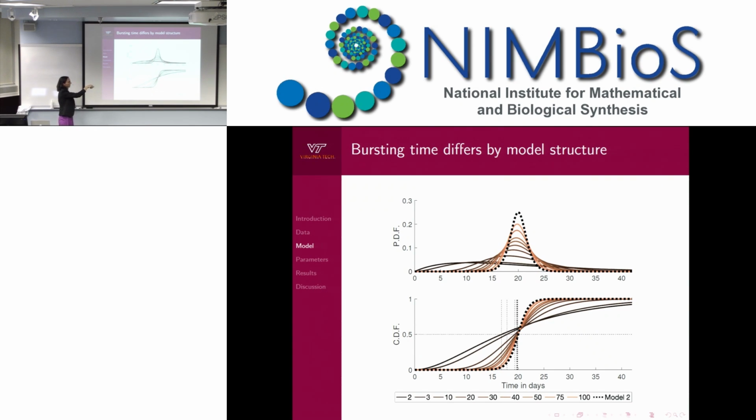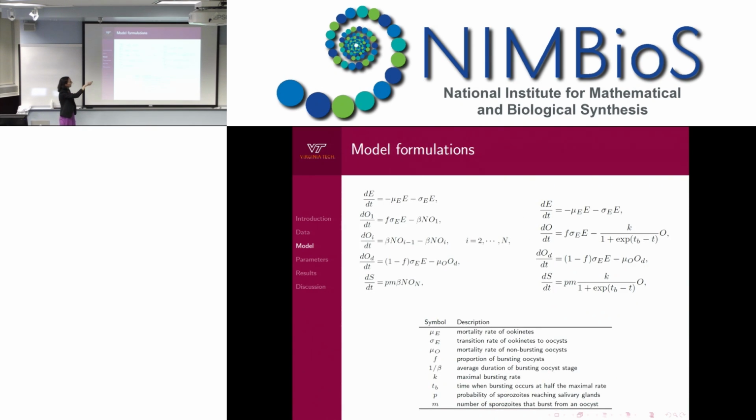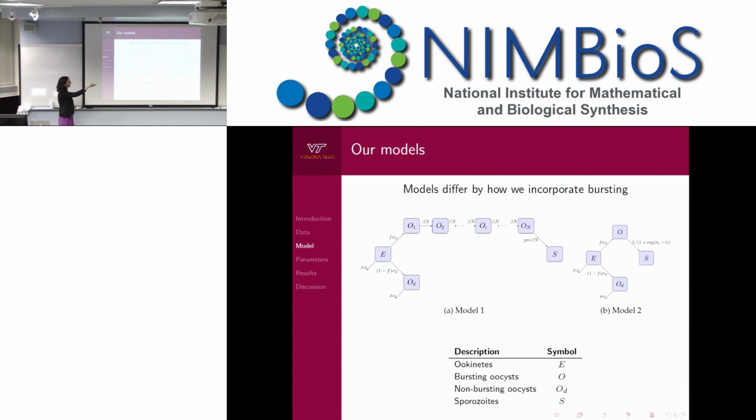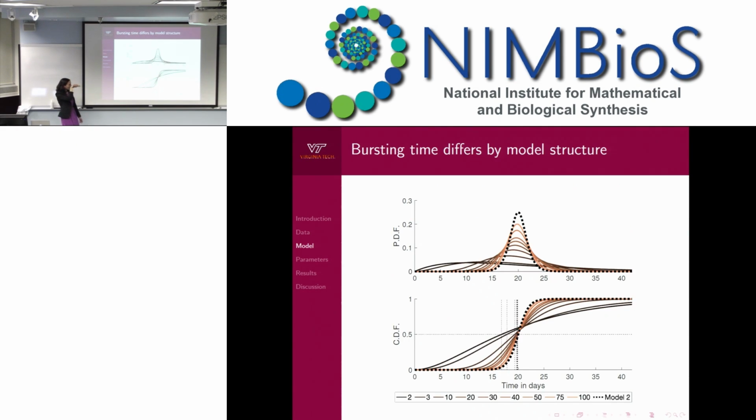So the difference is, let me go here. Our other form is transition rates between n different compartments, like this picture here, versus that time dependent function. And that's exactly what we're showing here. The dashed line is that Model 2 time dependent function.